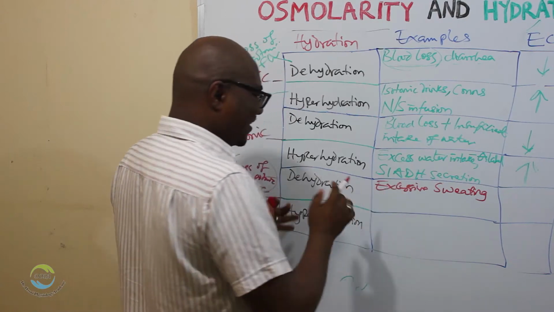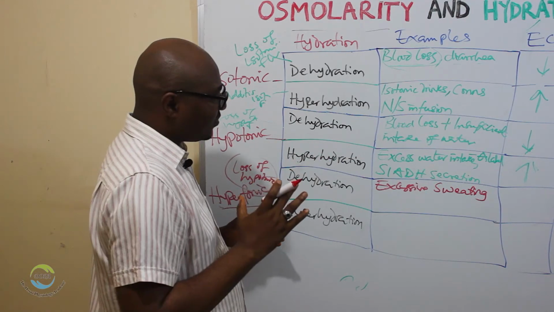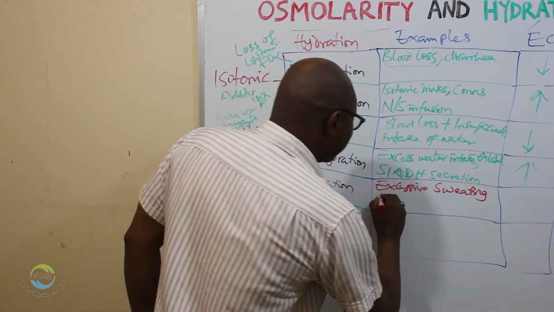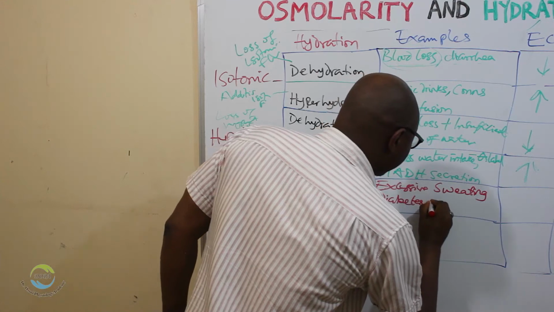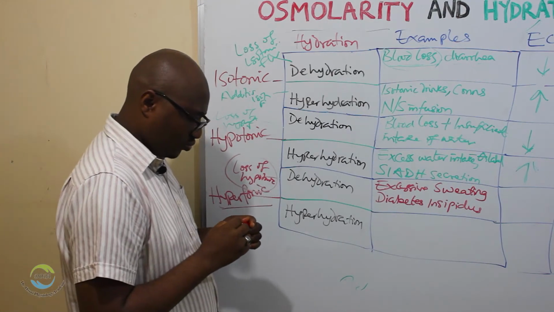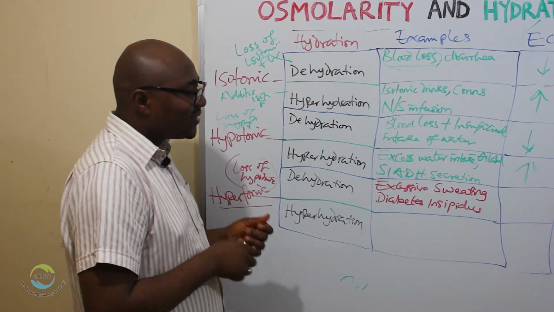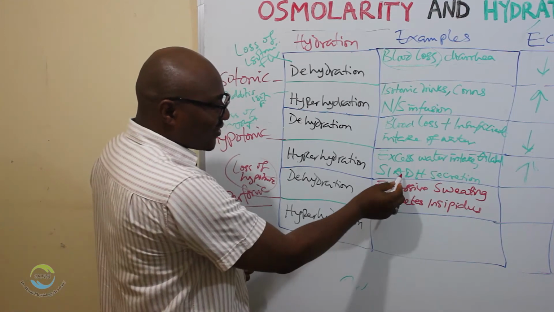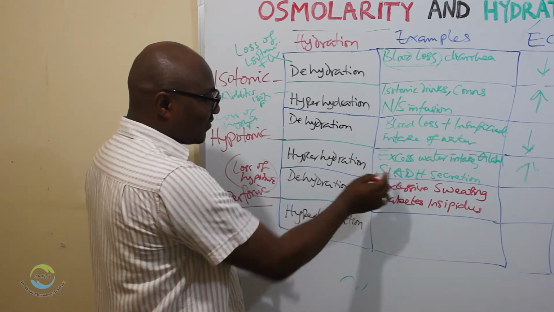Right? So what other thing, apart from excessive sweating? Remember, you are losing hypotonic fluid, fluid that has more water than sodium. There's something called diabetes insipidus. What does it mean? Diabetes insipidus means that it's the opposite of this.